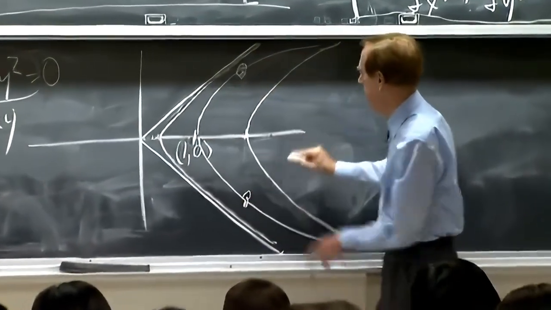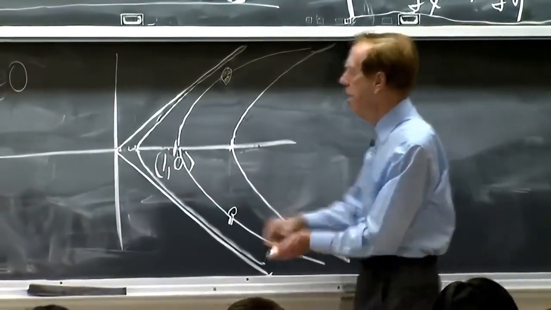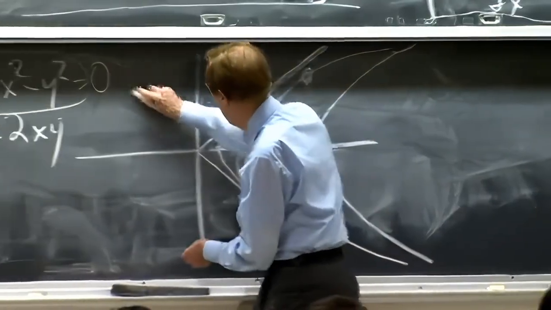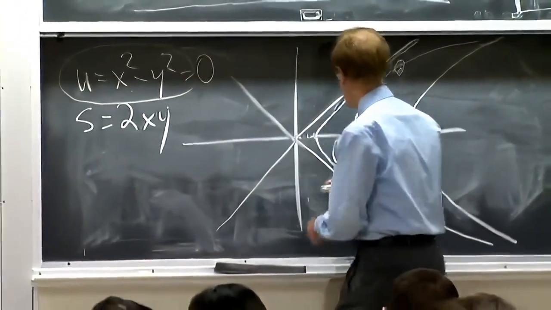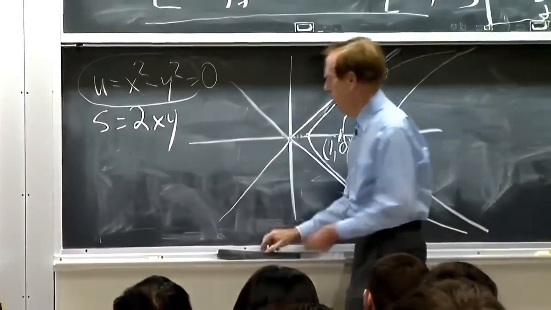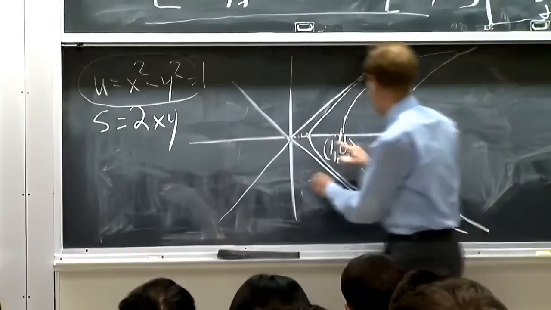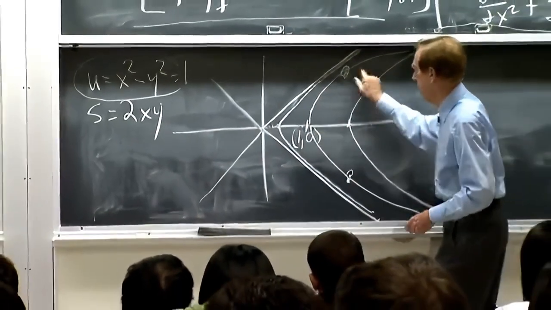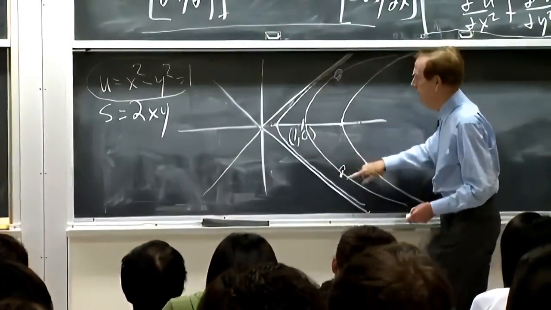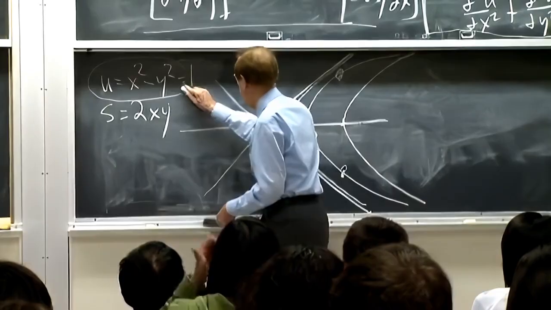Right? Do you see them as a bunch of hyperbolas? And actually, more hyperbolas. Back when I had a 1 there, I took x and y to be positive, and I got that hyperbola. But since I'm squaring them, these hyperbolas are here also.